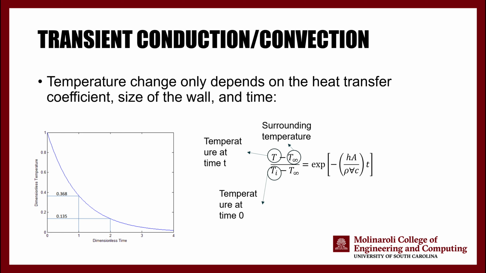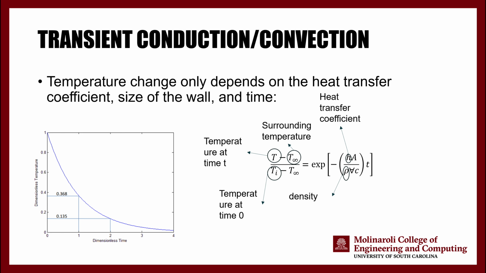And Ti is the initial temperature, which is the temperature at time 0. Again, T infinity, same thing. And on the right hand side, we have an exponential, which is e. I'm sure you know what an exponential is, but if you do not, please send me an email and we'll discuss this. And you have the density of the material. This is the density of your sphere in the example.